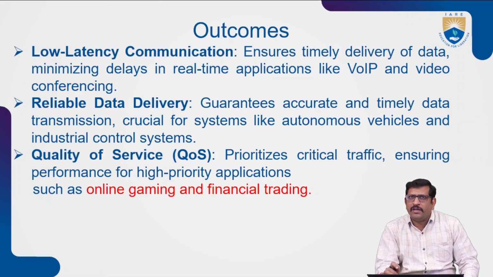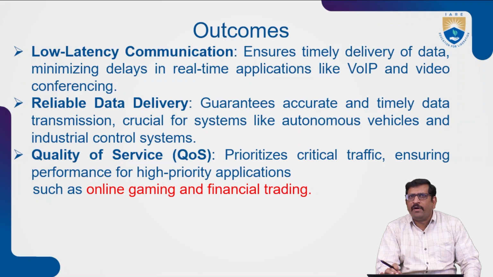Next, the outcome of the network layer is that quality of service can be provided. If the data goes over a large number of networks and the traffic is heavy, the quality of service can be provided with the help of the network layer.